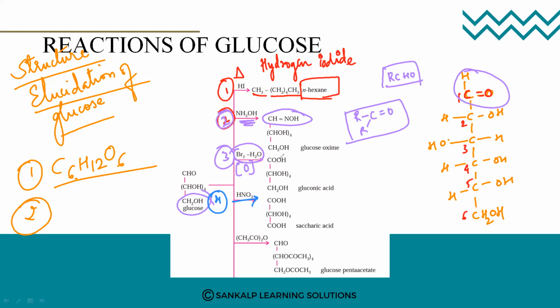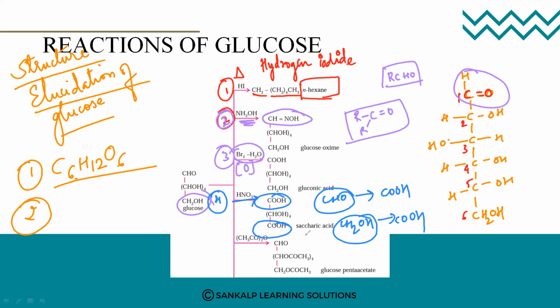Both the CHO, that is the aldehyde group, and your alcoholic group, that is CH2OH, are converted into acids, because nitric acid is a strong oxidizing agent.